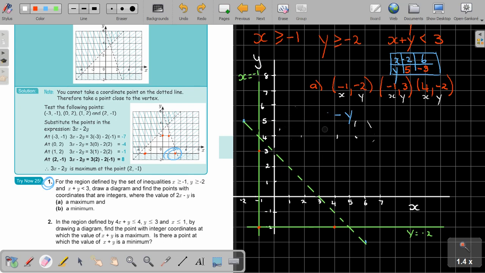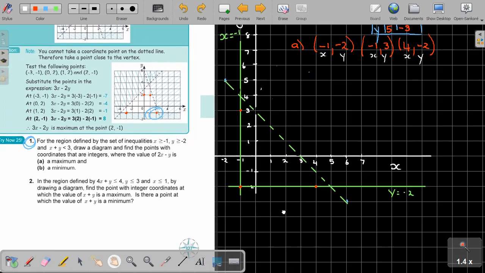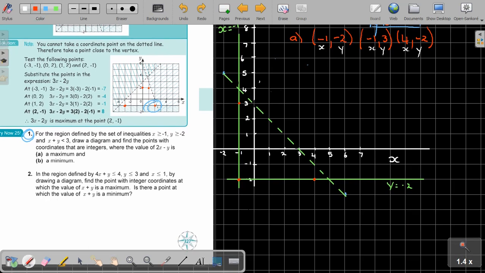Work underneath your graph, but not in your graph. So I just need the points: -1 and -2, -1 and 3, and 4 and -2.